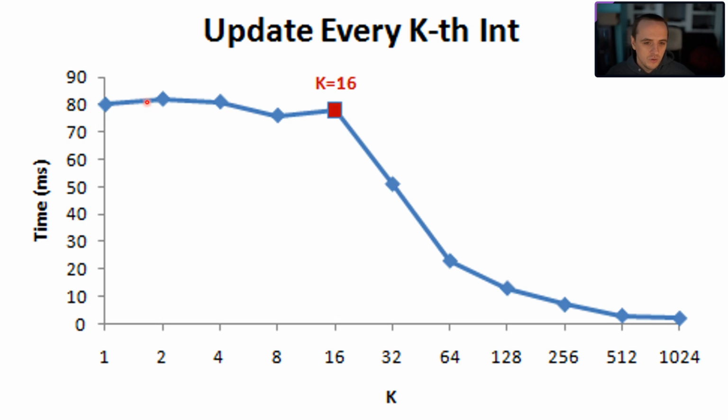Even though this one is doing half the work of this one, which is doing half the work of this one, which is doing half the work of that one, they all take the same amount of time. It's only after we increase our k value above 16 that our program actually starts to run faster. Why is that?